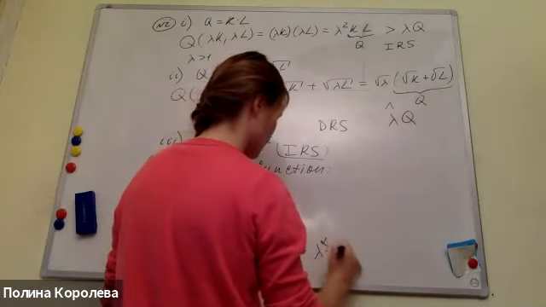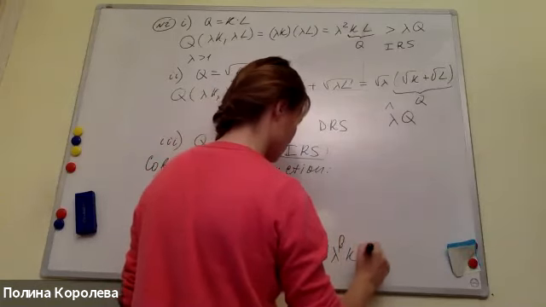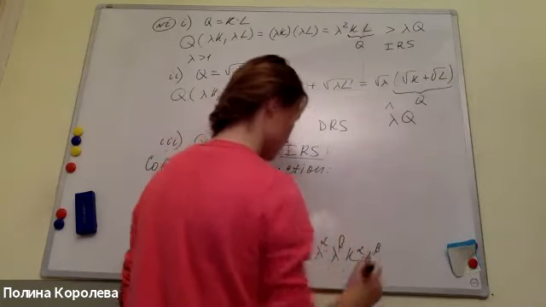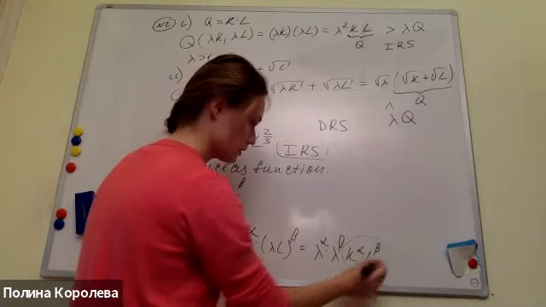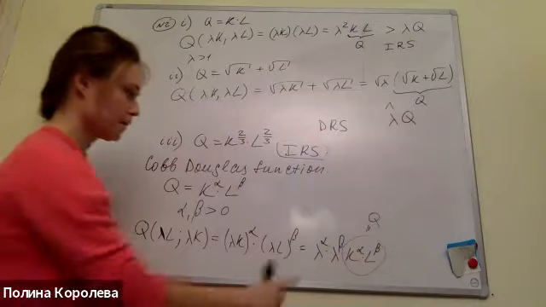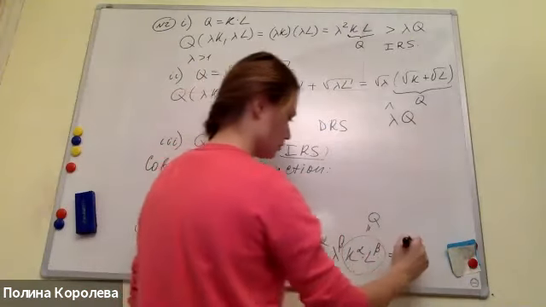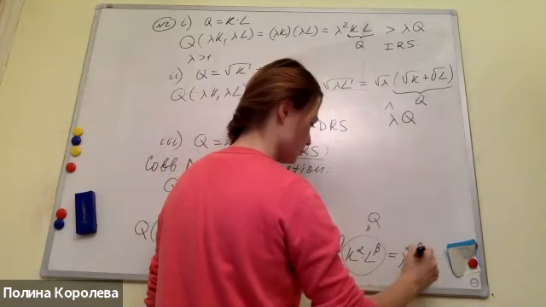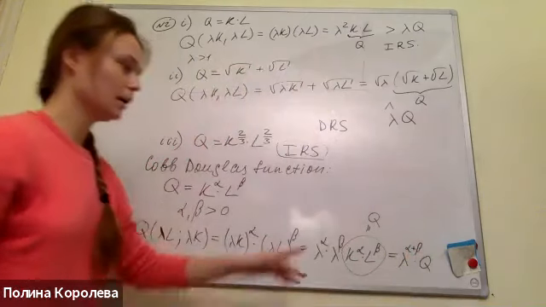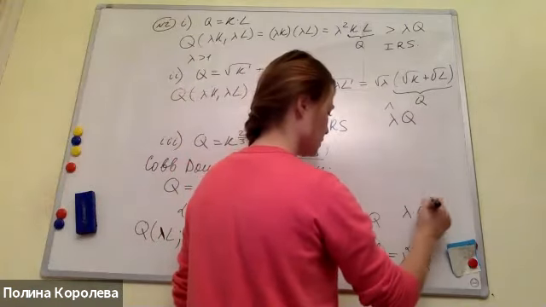Lambda to the alpha multiplied by lambda to the beta, K to the alpha multiplied by L to the beta. So this is the previous quantity. Agree? And here we have lambda to what degree? Alpha plus beta, multiplied by quantity. And we should compare it with lambda multiplied by quantity.